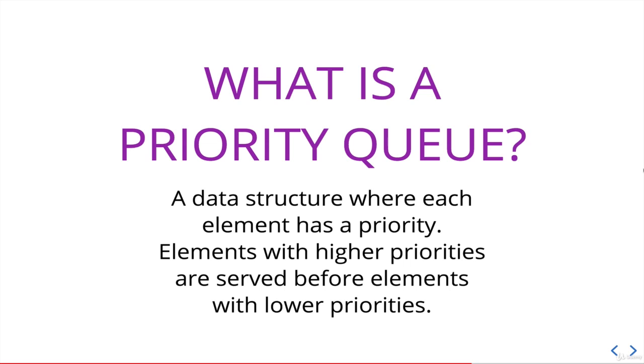Anytime you need to manage data of varying priority, you're not inserting things in order. Like in the ER example, someone walks in with a gunshot wound. Well, there could be 100 people who were there first, but they all have the flu. The person with the gunshot wound is going to be seen first. So a priority queue should account for that. It always serves the highest priority element.